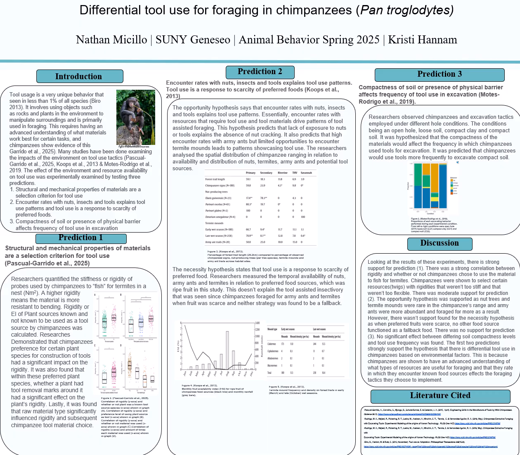There was moderate support for prediction 2, specifically 1/2 of prediction 2's 2 hypotheses that were looked at. As stated previously, the opportunity hypothesis was the one that was supported, as nut trees and termite mounds were rare in the chimpanzees' range and army ants were more abundant and foraged for more as a result.